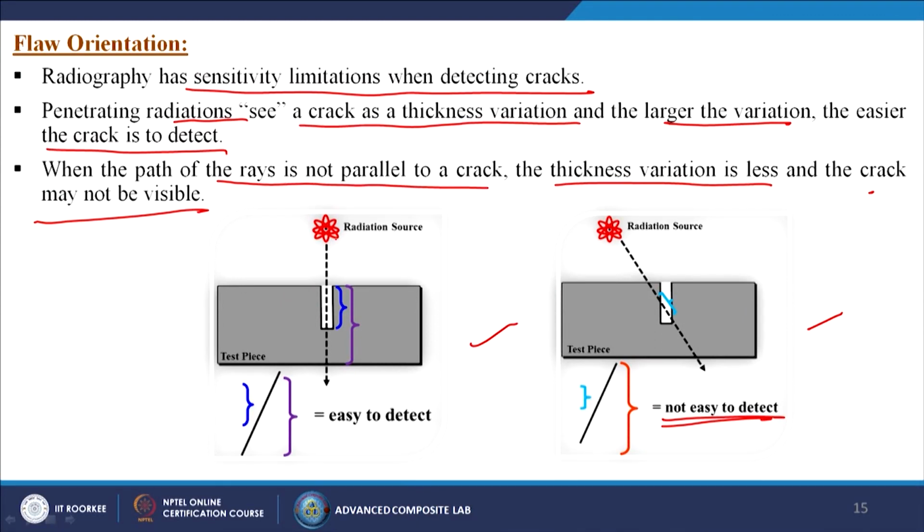If it is like that, then from the top you can get a clear image. Same thing we are talking about in this case. Here it is not easy to detect, but when the radiation comes in this way, you can detect all the dimensions.